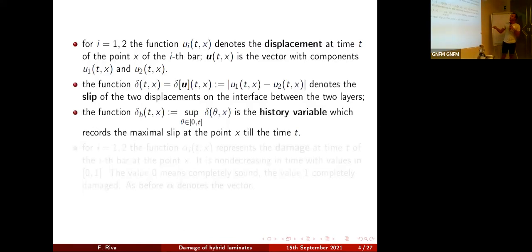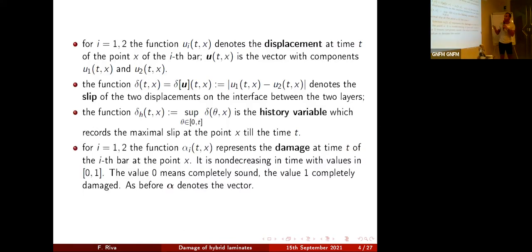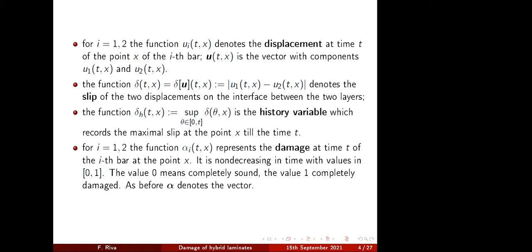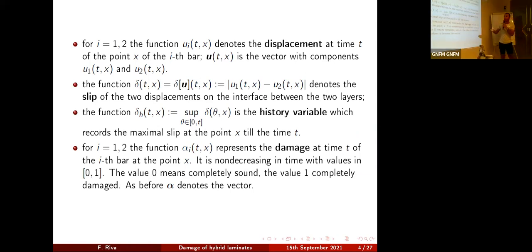Here there's some more information about that. As I said before, U1 and U2 are the horizontal displacements of the bars. With the bold letter, we denote the vector with components U1 and U2. Delta is the slip of the two displacements on the interface. Delta H is the history variable, which is important to describe cohesive laws. And finally, alpha 1 and alpha 2 are the damage variables.